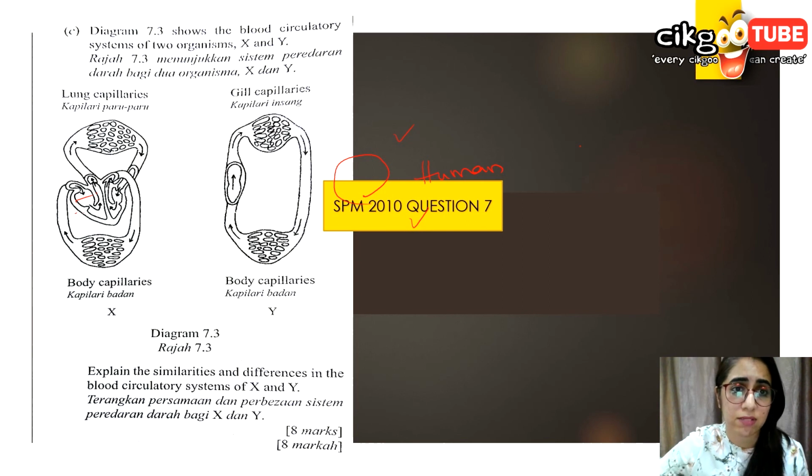In this case, X is human and Y is fish. Correct? Now the question is, explain the similarities and differences in the blood circulatory system of X and Y. So the answers are very similar to the question in 2008.